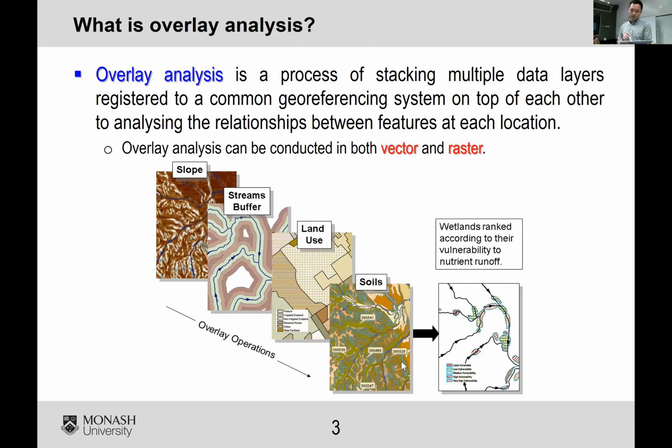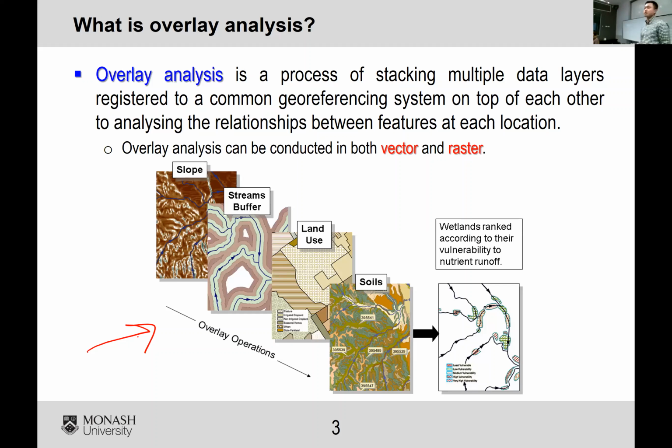For example, here in this example, we're trying to figure out what's the proper location or what's the level of vulnerability to nutrient runoff in this area. So we want to overlay different data, including the slope, where the streams are.